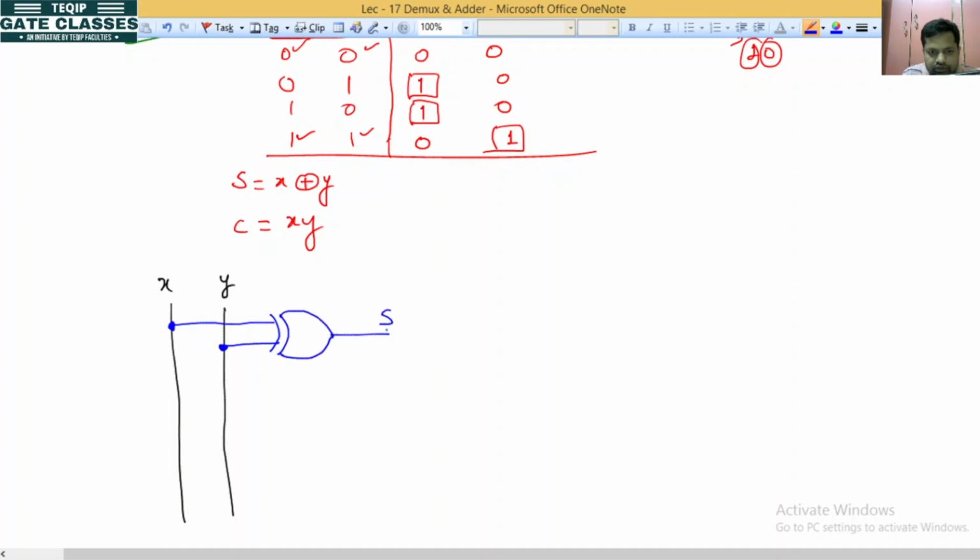Okay, you will get sum, and then we have one AND gate to get carry.